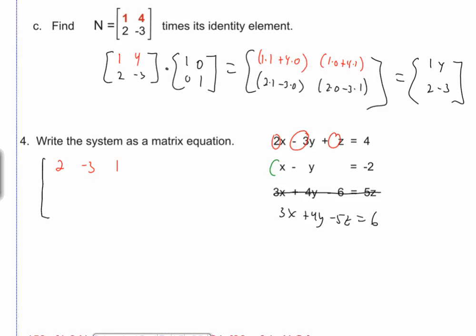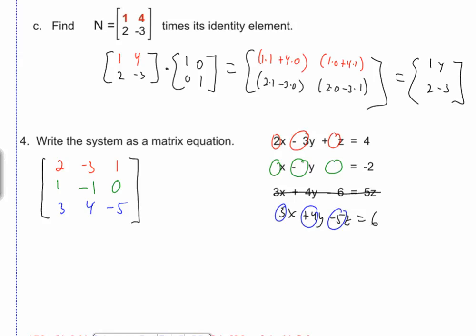Middle row, 1, negative 1. What do I put next? Nothing? Do I leave a hole? Got to use a 0. You've got to plug that hole with a 0. I'll do the bottom one in blue here. So you've got a 3, a 4, and a negative 5.